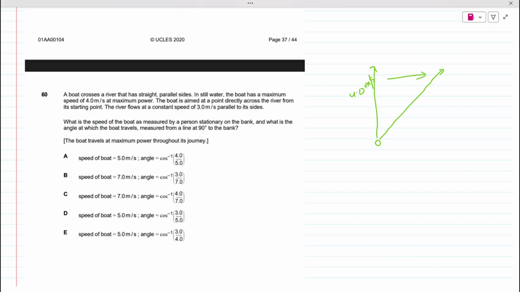But since it would get hit by the water current, instead of going straight, it would either go here or it would go here because of the river current. So here, I'm just supposing it would go here, right? And that with the speed of 3.0 meters per second.